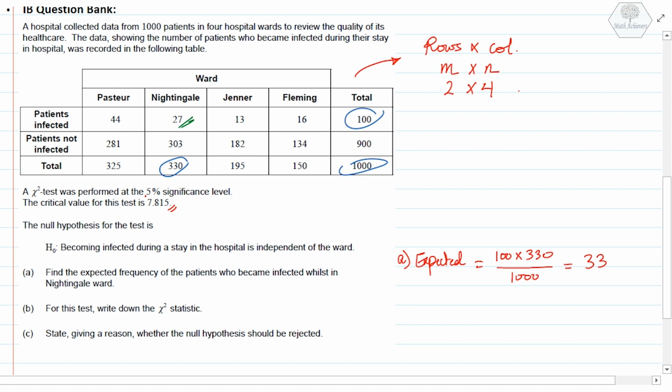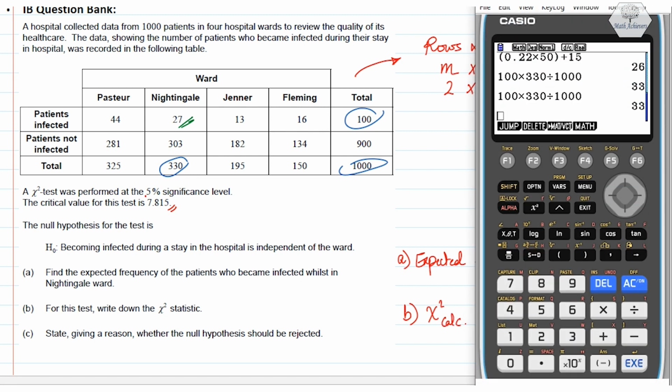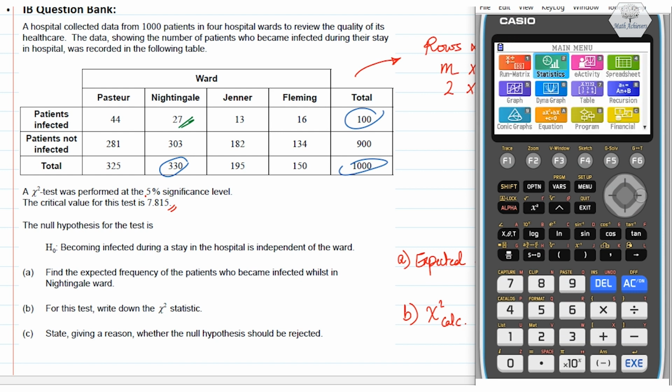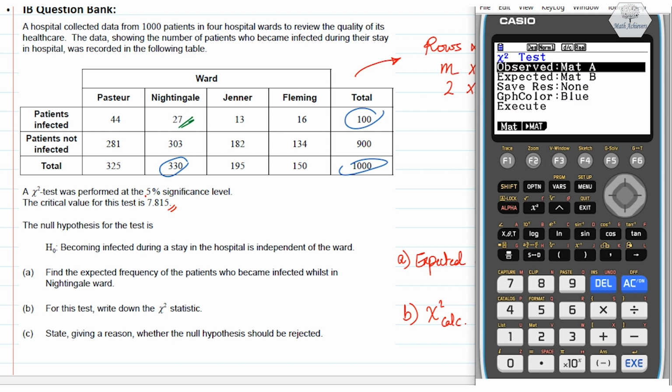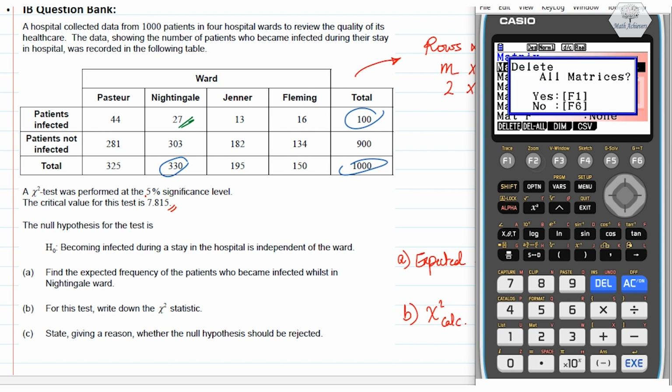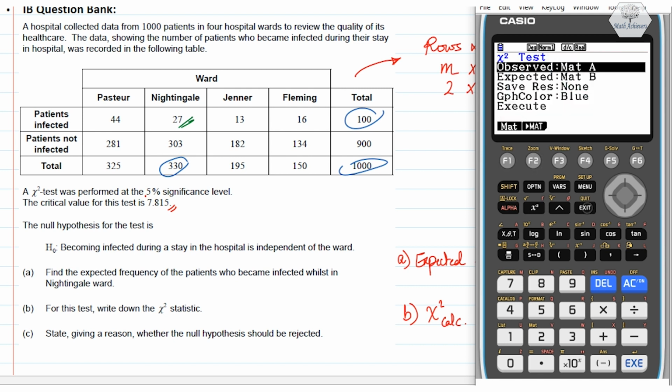For part B, we need to write down the chi-squared statistic. So for the chi-squared calculated, I need to use my graphical display calculator. I go to menu, statistics. I go to test and then chi, and I choose 2-way. I go to matrices just to delete all, and I get back.